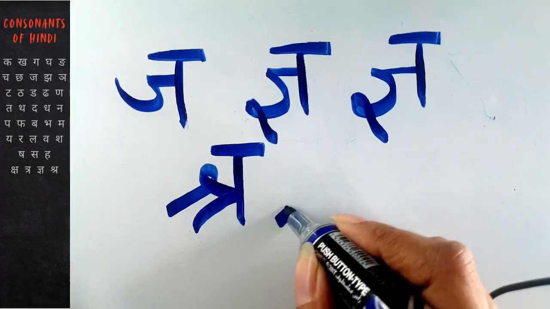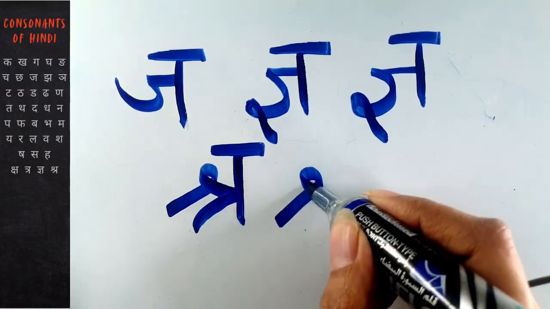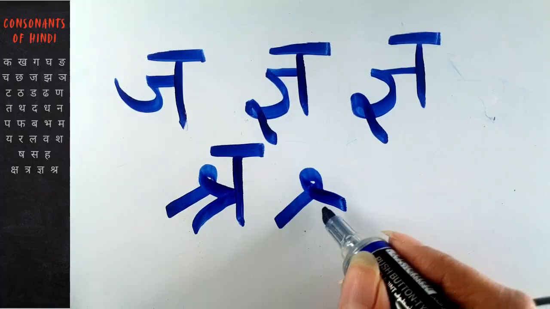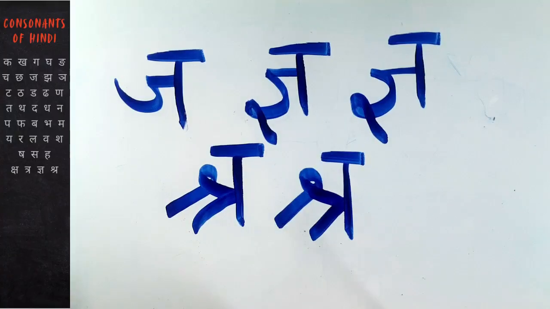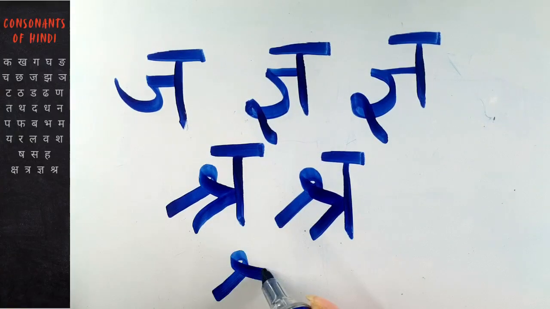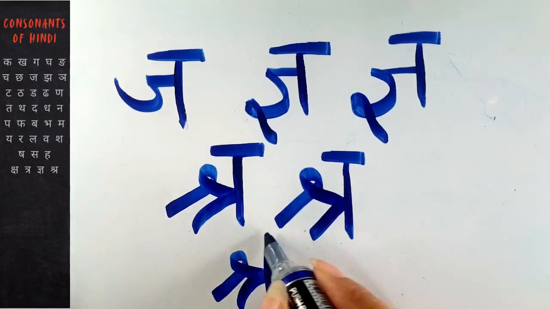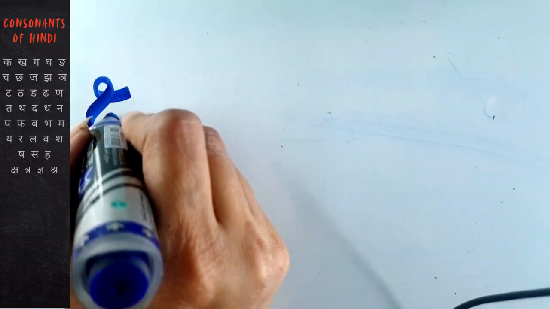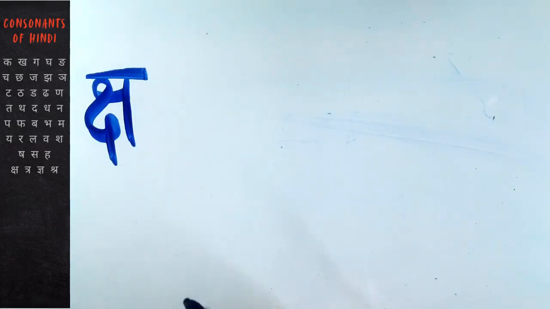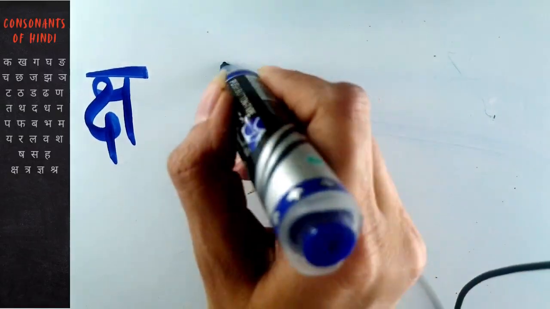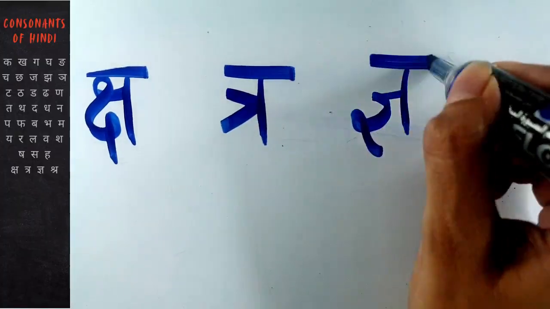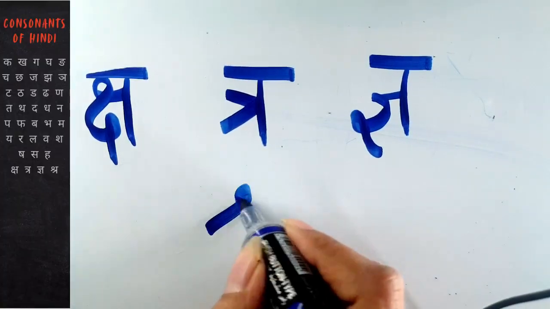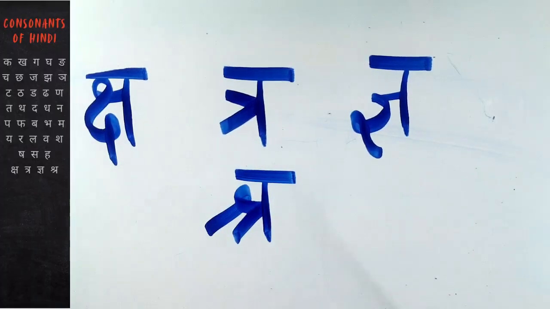So go up like this, make a loop, then like this, and come back down. Sh. Tr. Ya. Shra.